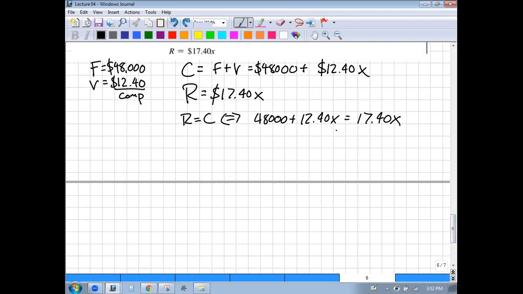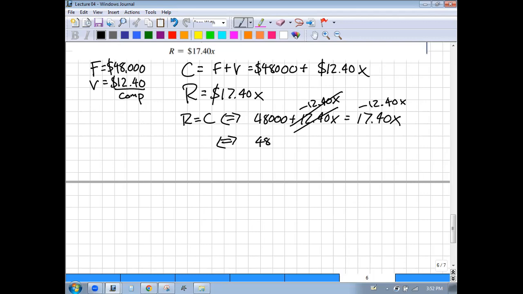Y'all know how to solve this. We have to get our x's together. Since this is bigger than this, let's get x on the right. I know y'all like to put x on the left, but 2 equals x is the same thing as x equals 2. So I'm going to subtract 1240x from both sides.